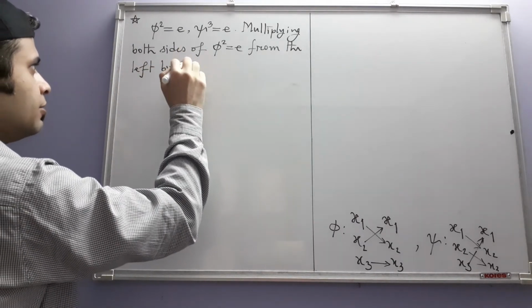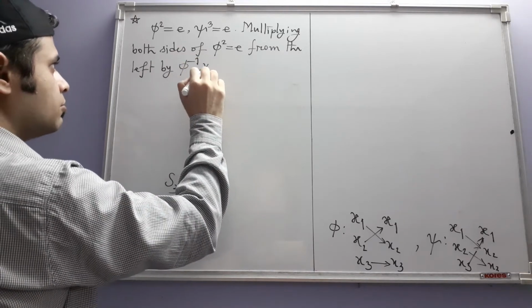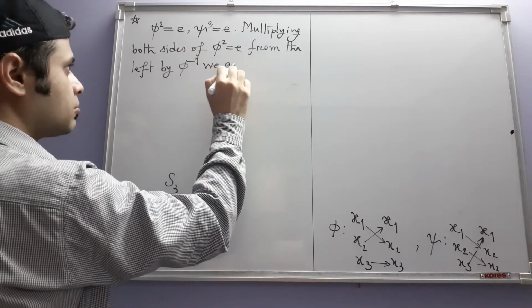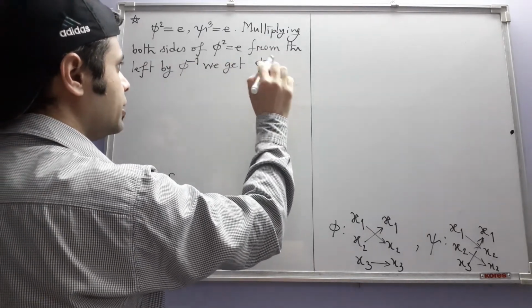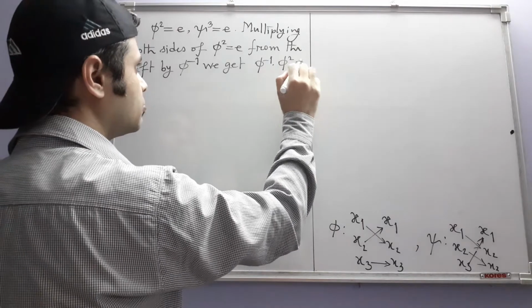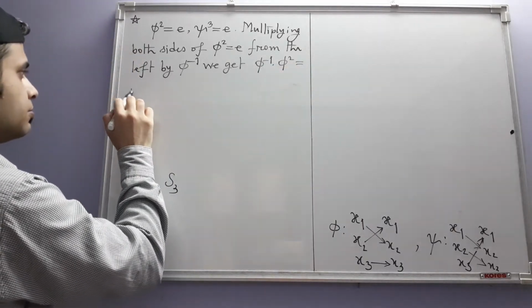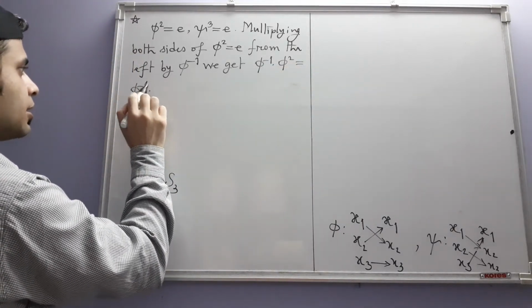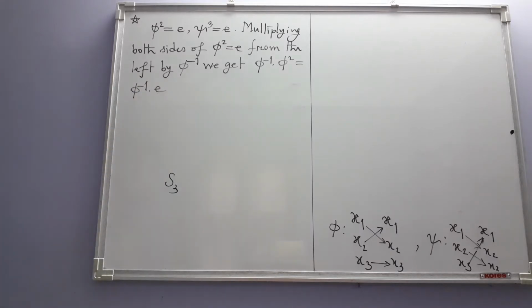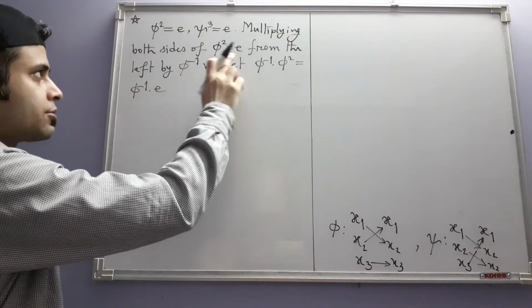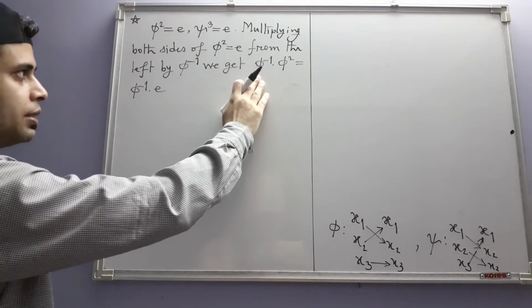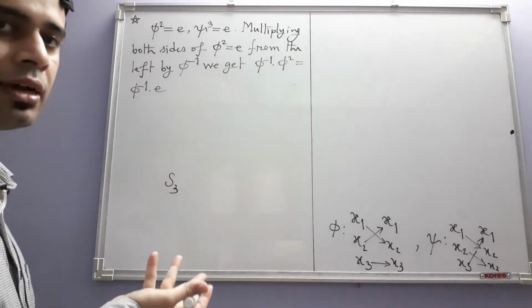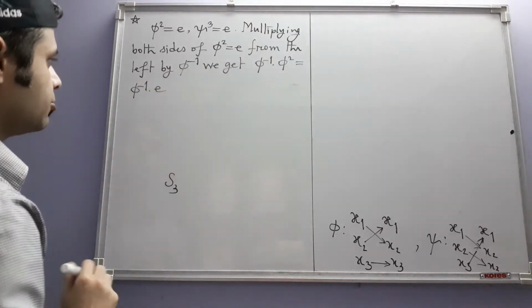by phi inverse, we get phi inverse dot phi square is equal to phi inverse dot E. Okay, so this will be true because phi square and E are actually the same element. So if we compose that with phi inverse, we are supposed to have the same element. So that's why this equality.